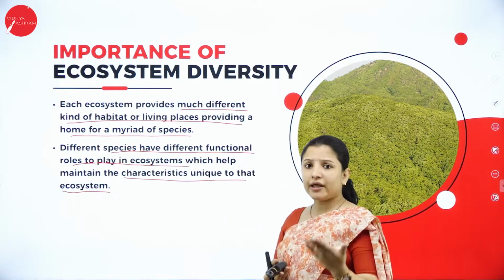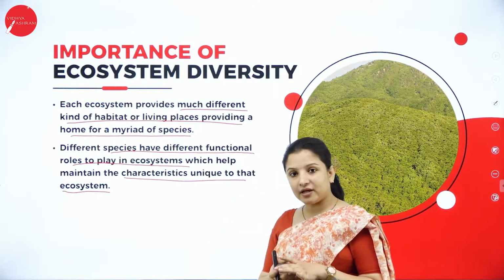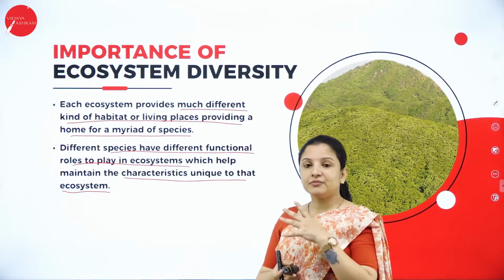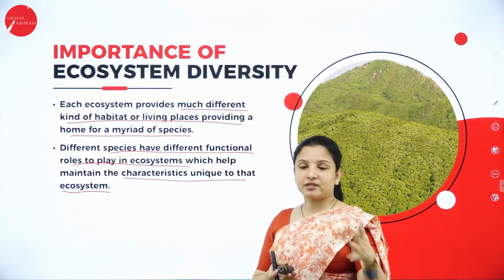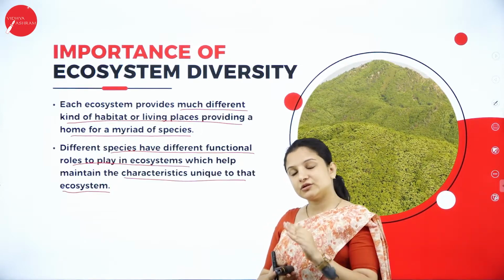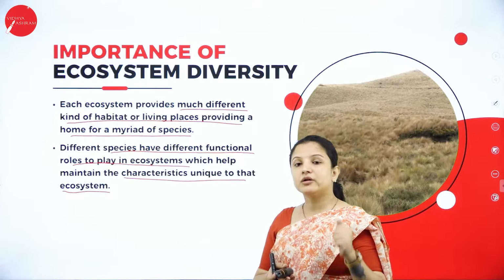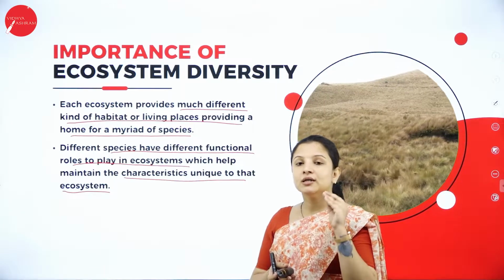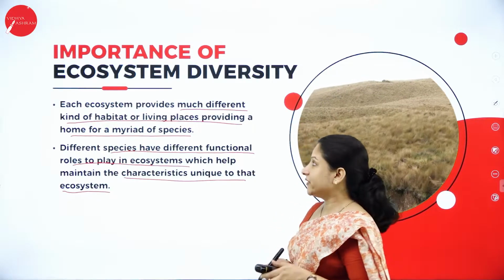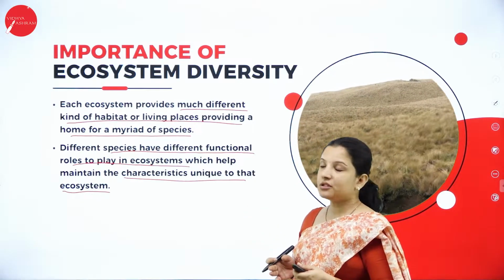This is why ecosystem diversity is very, very important, because if there is no diverse organism, there is no differentiation between the terrestrial, aquatic and aerial ecosystem. Ecosystem diversity is very important if an organism needs to survive in whichever habitat it is living. So, this is about ecosystem diversity.